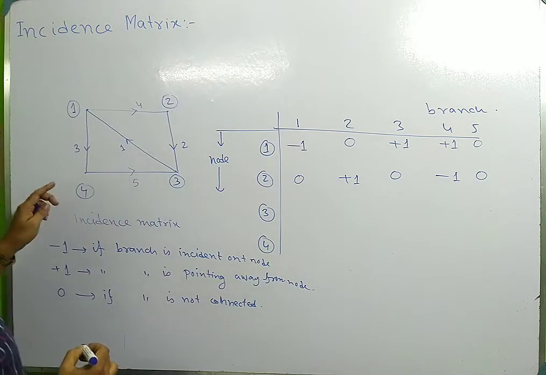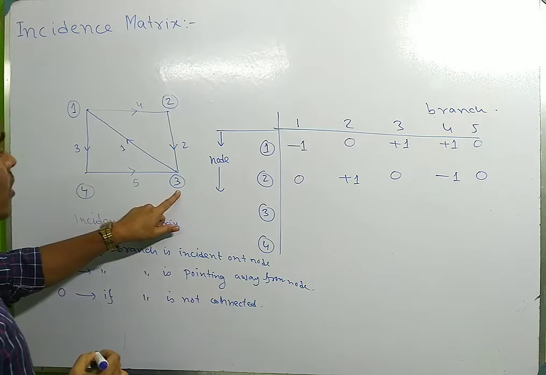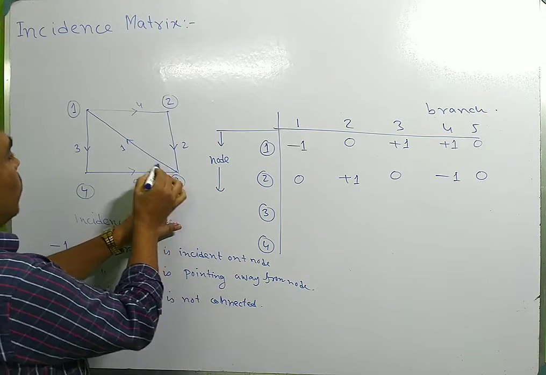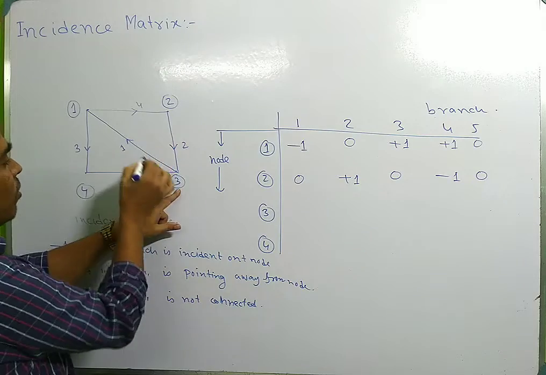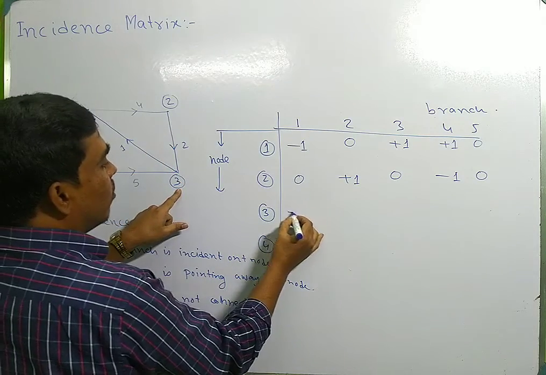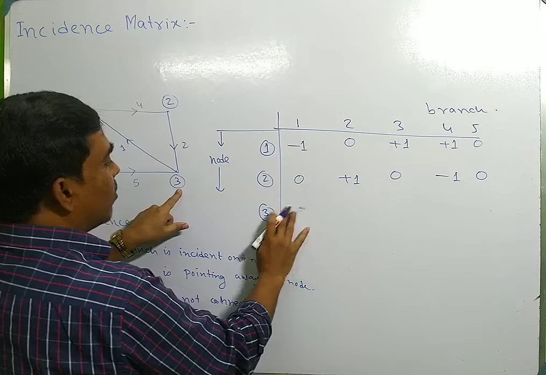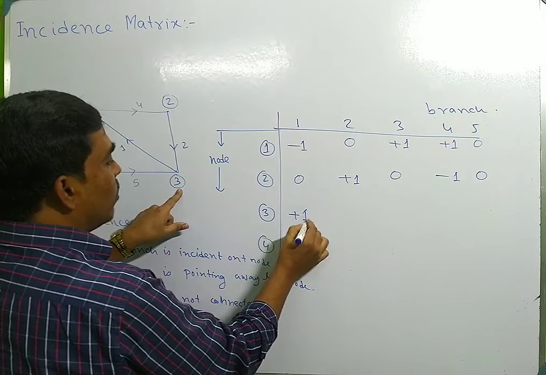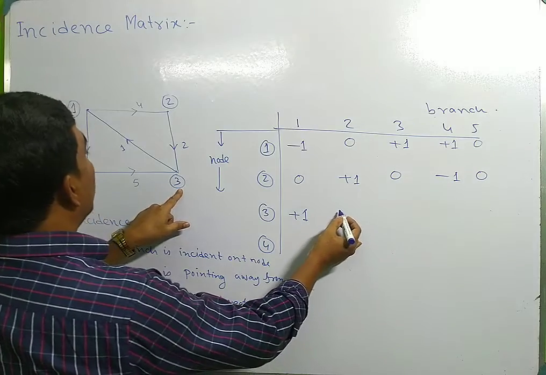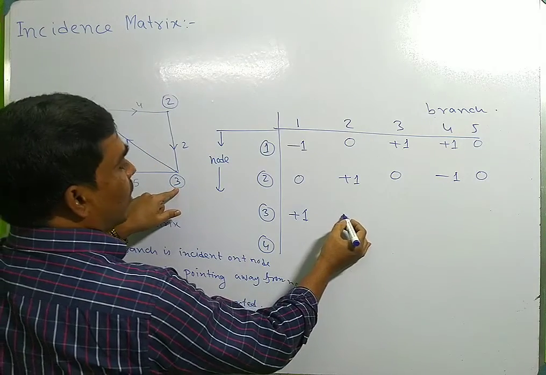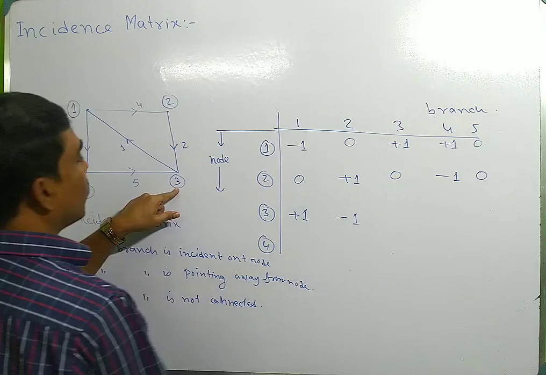Now node 3. Branch 1 is connected to node 3 and is away from this node, so it is plus 1. Now branch 2 is pointing into node 3, so it is minus 1.